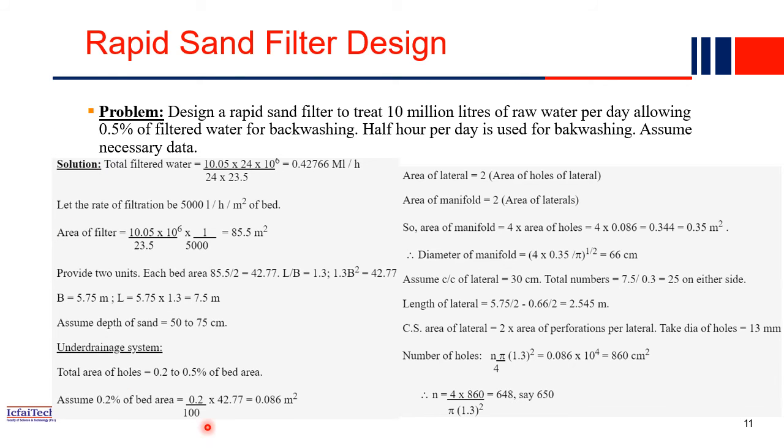First, what is given in the question is that every day we have to clean 10 million liter of water, 10 million liter per day, out of which 0.5% again will be reserved for the backwashing. So every day, how many liters of water do we have to treat in total? 10 million anyway we have to supply for the household, plus 0.5% again required for the backwashing.